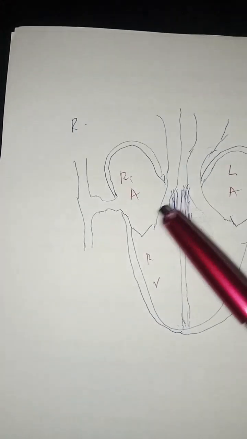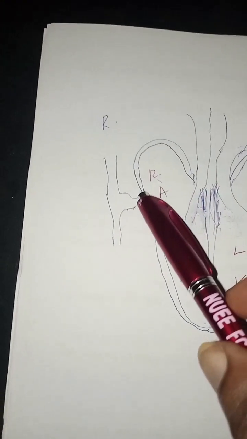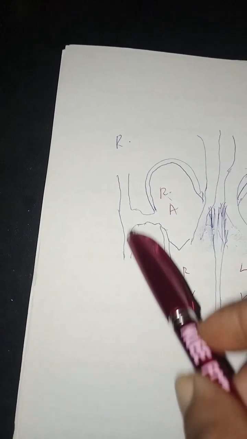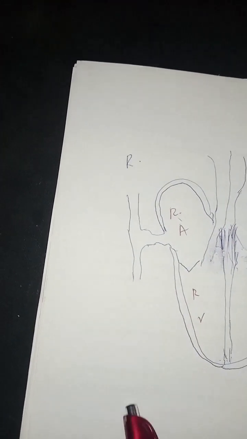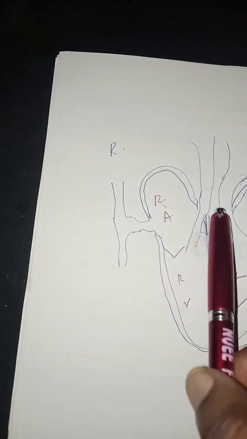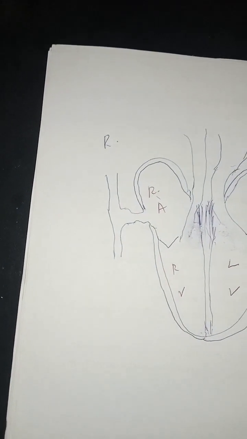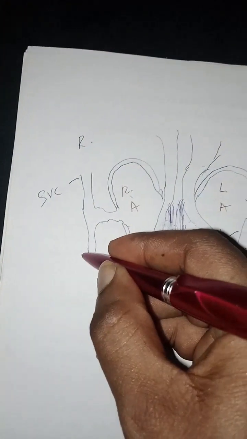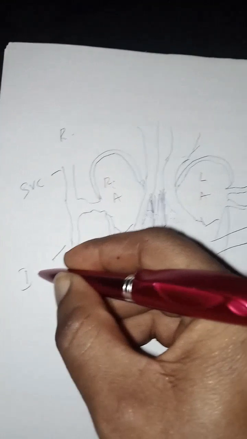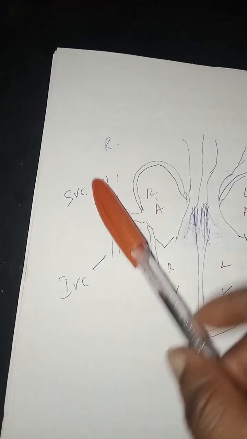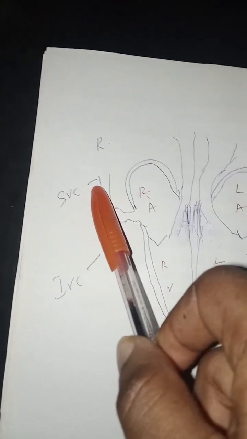Looking at the right atrium, there's an opening that leads to a very large vein. These veins are what takes blood into the heart. What is this vein called? It's called the superior vena cava. And we have the what? The inferior vena cava. What is the function of the superior vena cava?